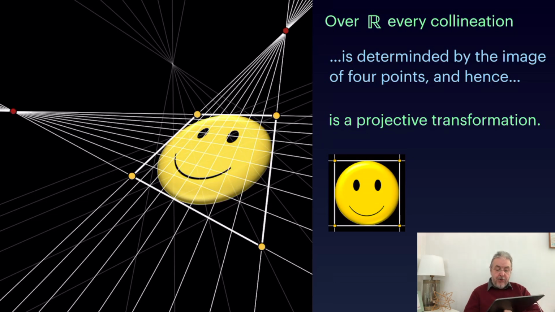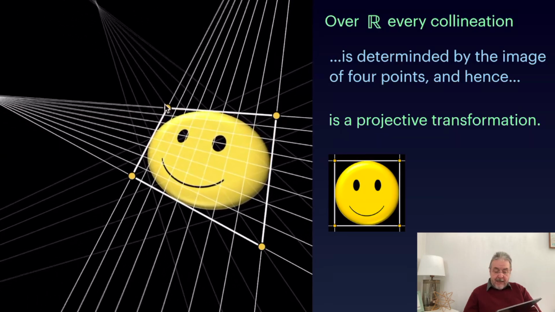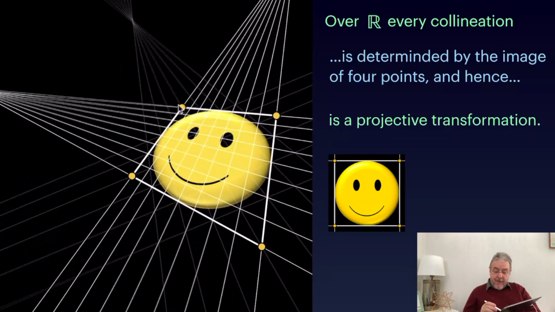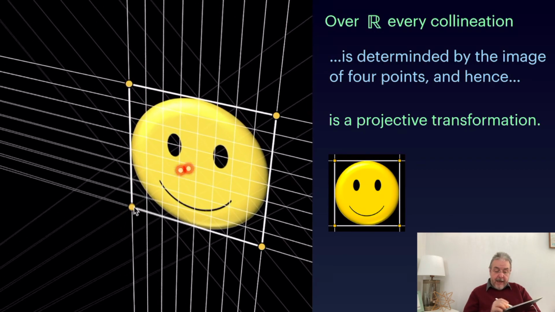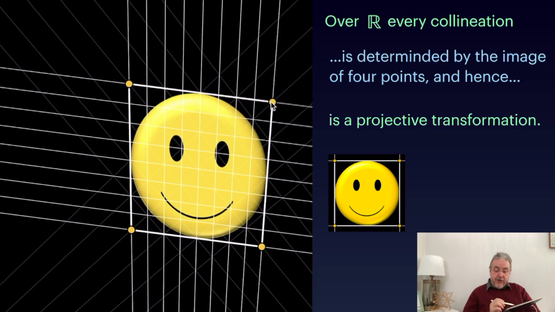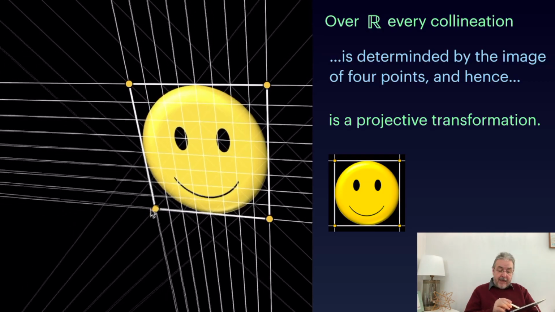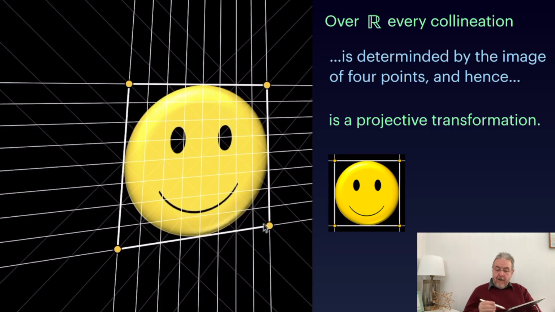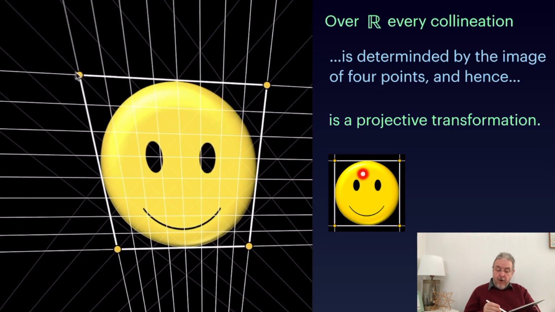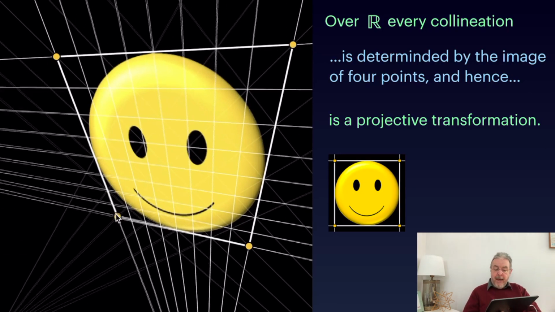So let me show you how rigid this thing is. Let me move these points here around, and the idea is that the images of the different pixels of that smiley here in that projective transformation can really be nicely approximated by making that grid denser and denser, and seeing where a corresponding point from here goes in the other picture.